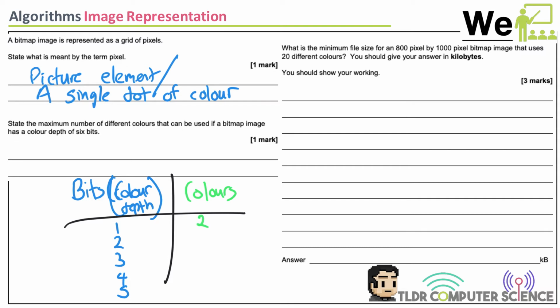If there are 2 bits, 4. If there's 3 bits, 8. If there's 4 bits, 5 bits, 6 bits, 7 bits, 8 bits, 9 bits. Point is that translating between bits and colors backwards and forwards will trip people up.